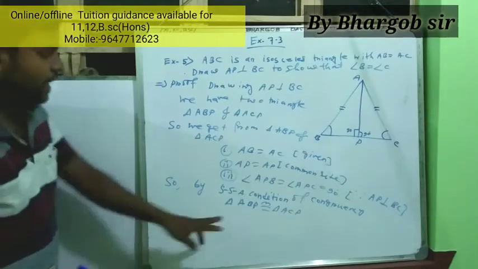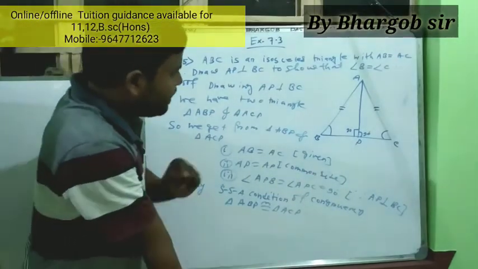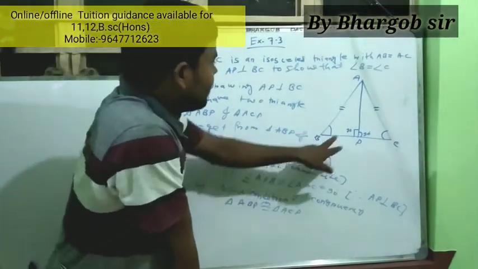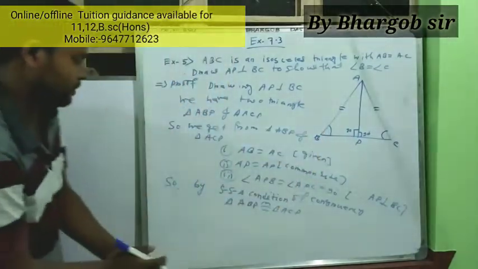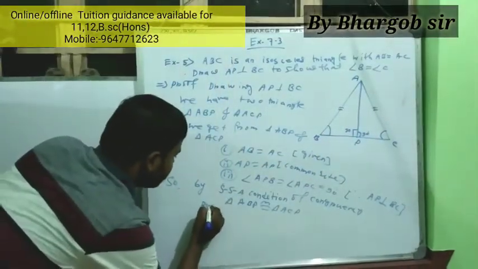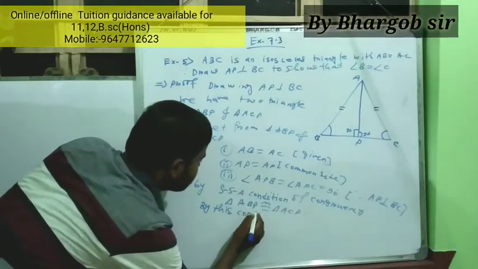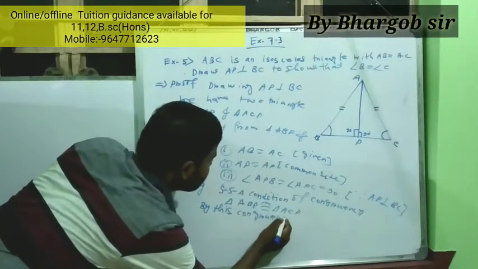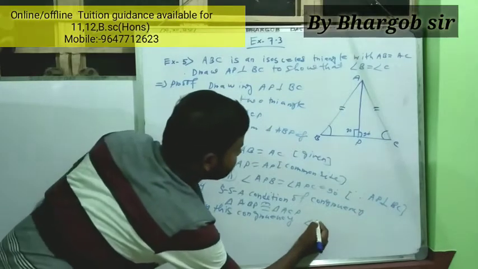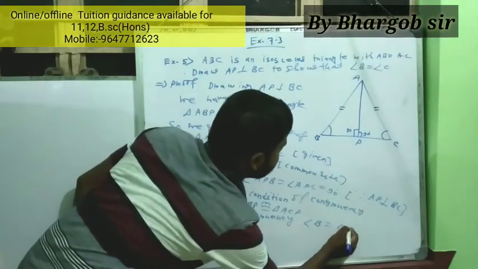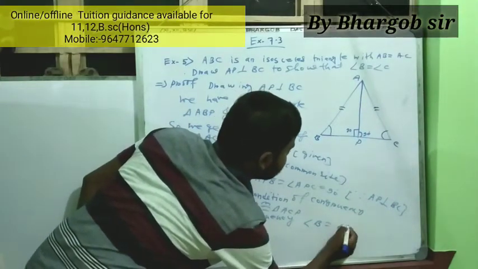Now this congruency implies that angle B and angle C are the same. By this congruency, angle B equal to angle C, proved.